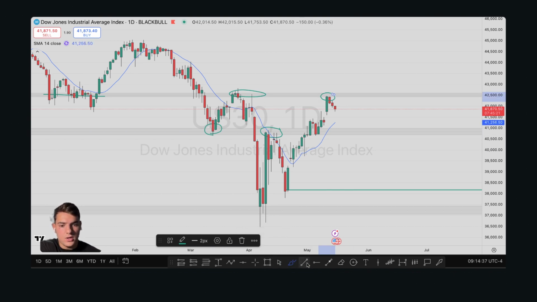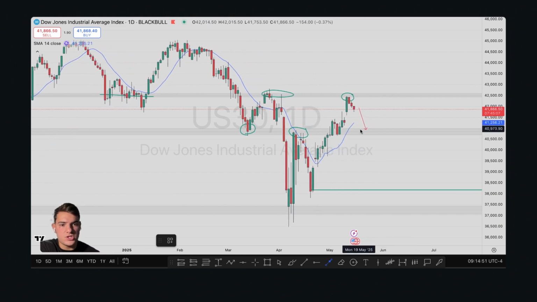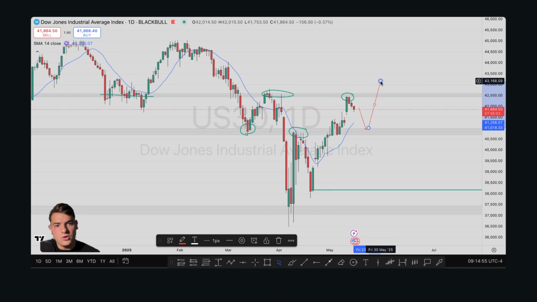So now what I would probably wait for is a pullback to this area over here to then possibly go for longs. Looks like we are making a new higher low and new higher high. So we just have to create a new higher low to then go above.